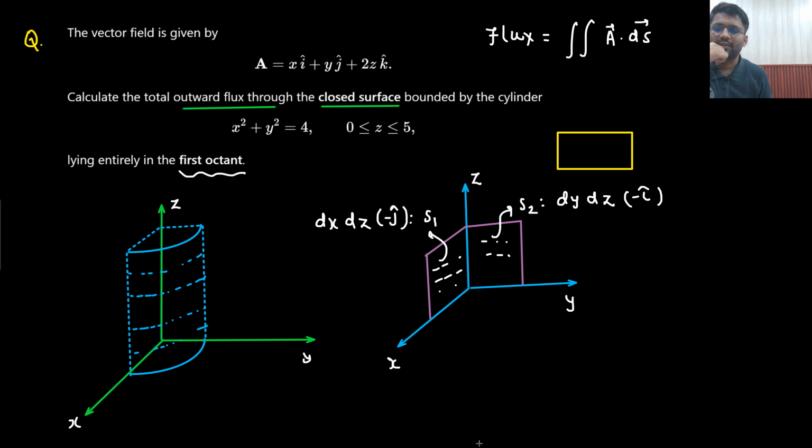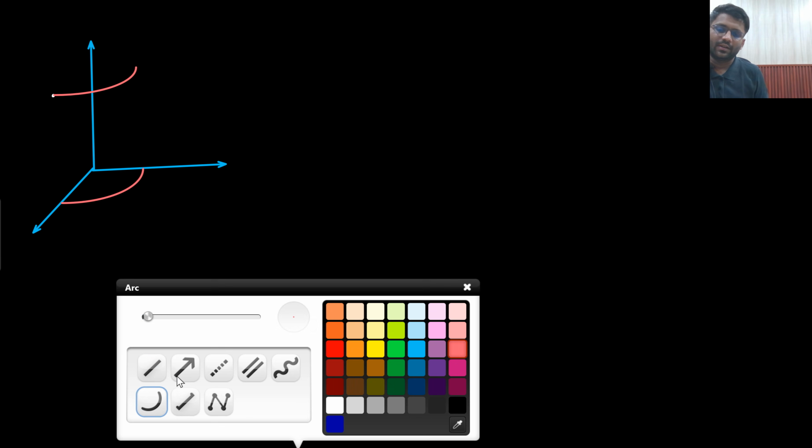Now how do I make this one? One surface will be downward, and the other surface will be upward. This will be one surface, this is the other surface.